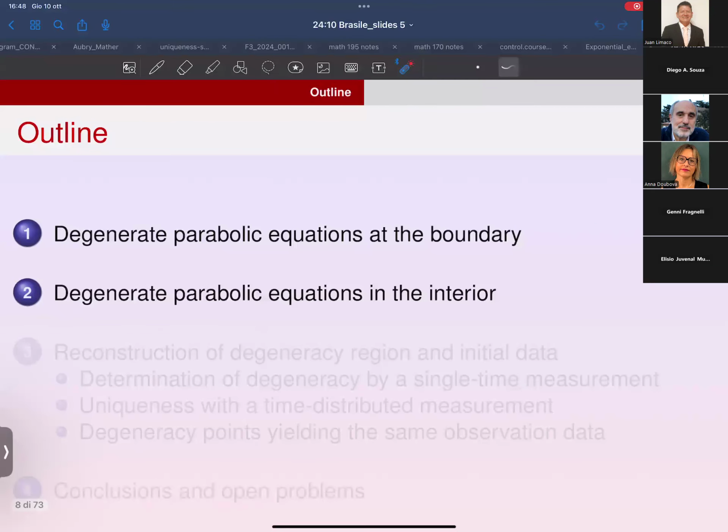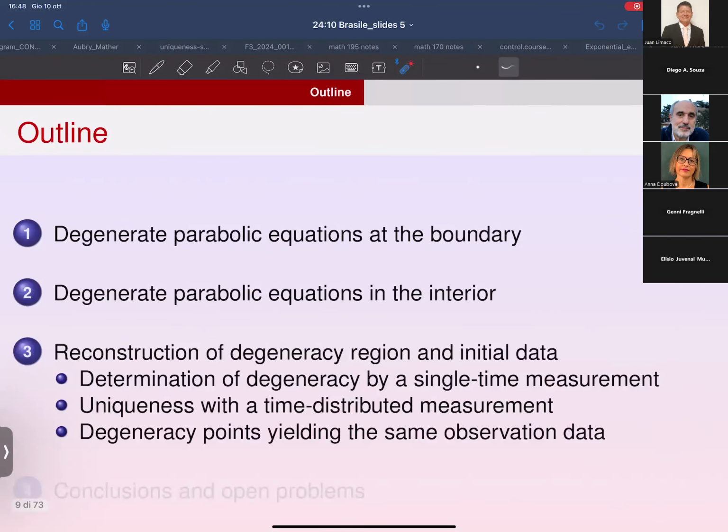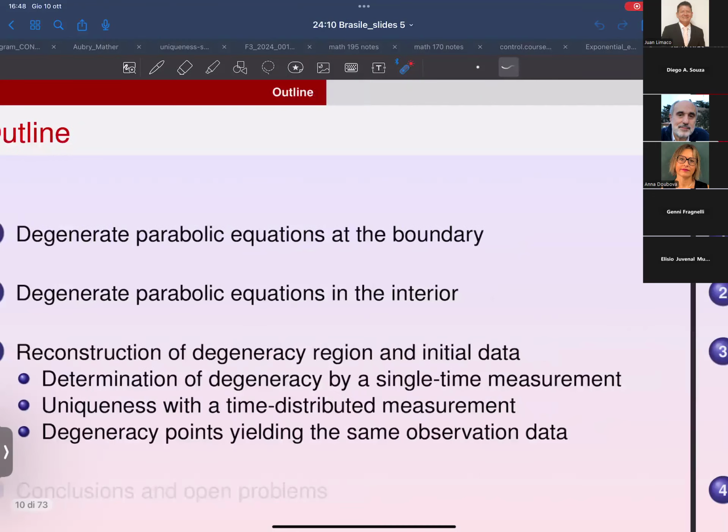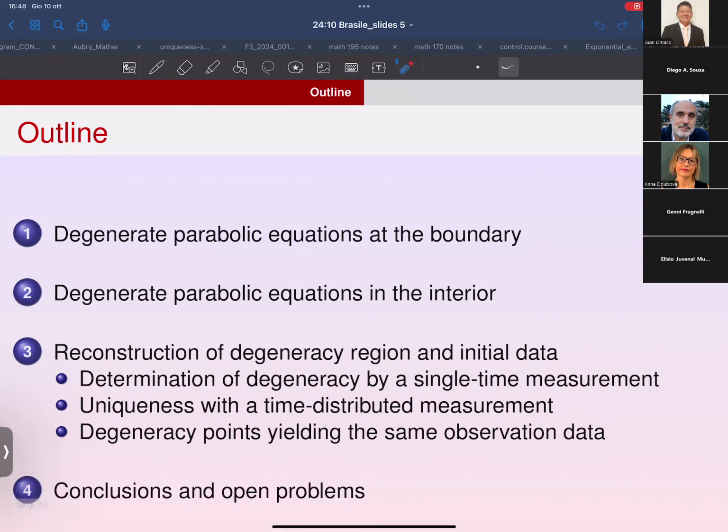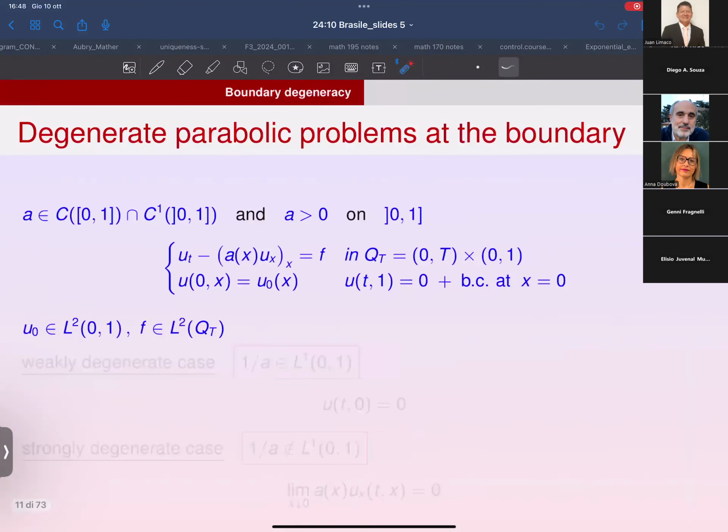Then I will move to the degenerate equations in the interior, and after the general theory, we will see how we can tackle and solve several problems concerning the determination of the degeneracy with different kinds of measurements. And finally, we'll have a conclusion and open problems.